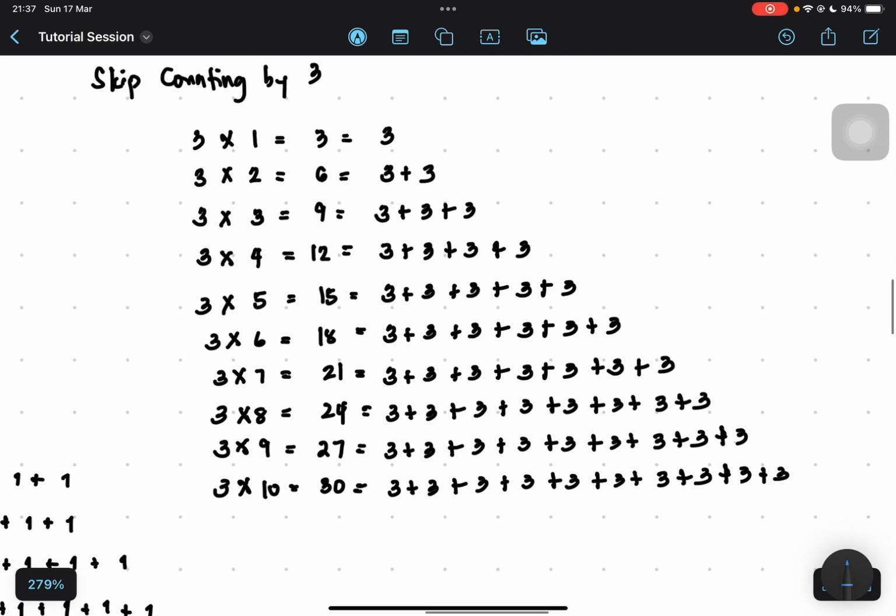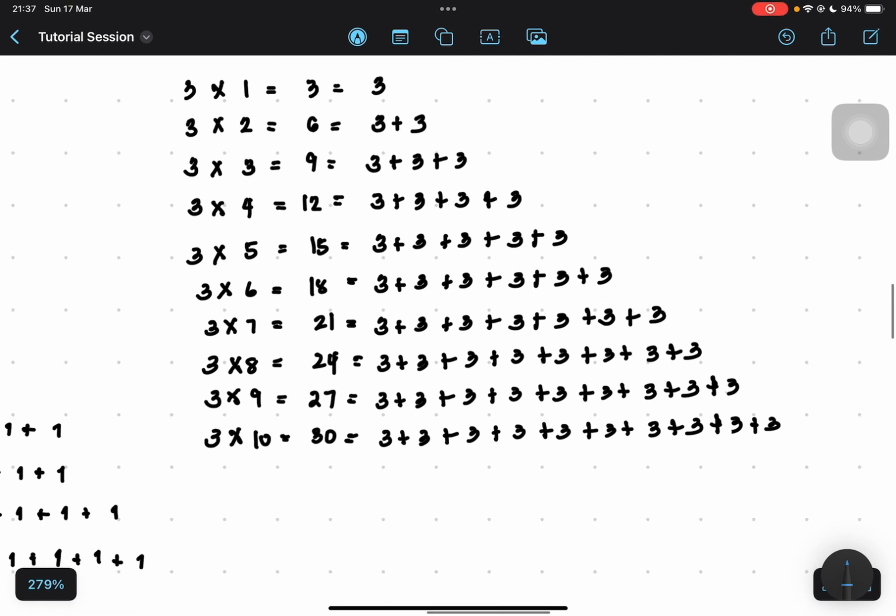So the way multiplication works is we're just adding the number by itself n times. So if we multiply 3 by a number n, that is equal to 3n in general.